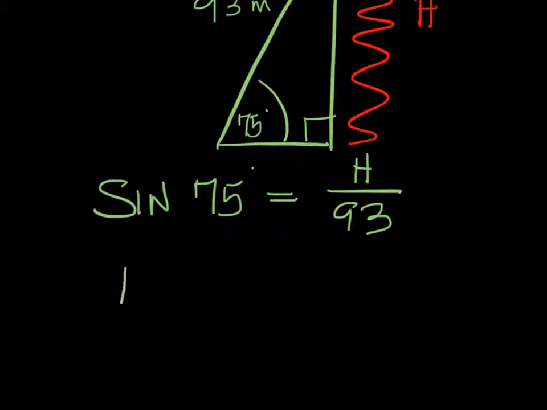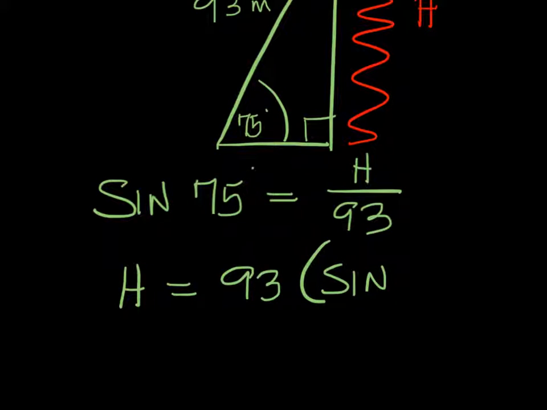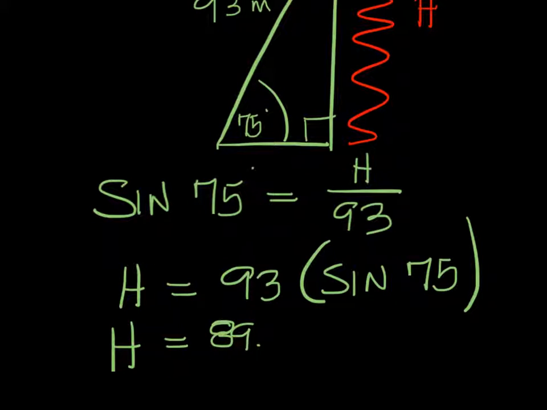Cross multiply to get h equals 93 times sine of 75. Alright, so sine of 75 degrees, multiply by 93, and you should come out with a height of approximately 89.8 million miles.